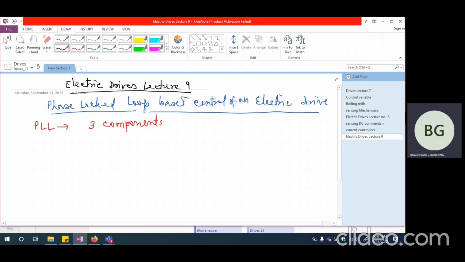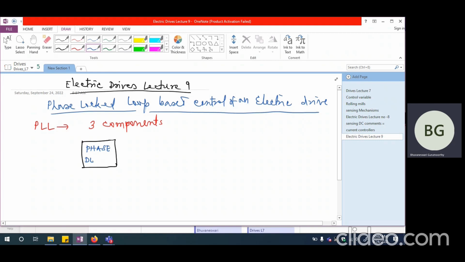So PLL consists of a phase detector, which is going to exactly find out the difference between the phases of two signals. So let me draw this. This is the phase detector. I'm not showing exactly what this is, but basically this will be normally a multiplier unit.